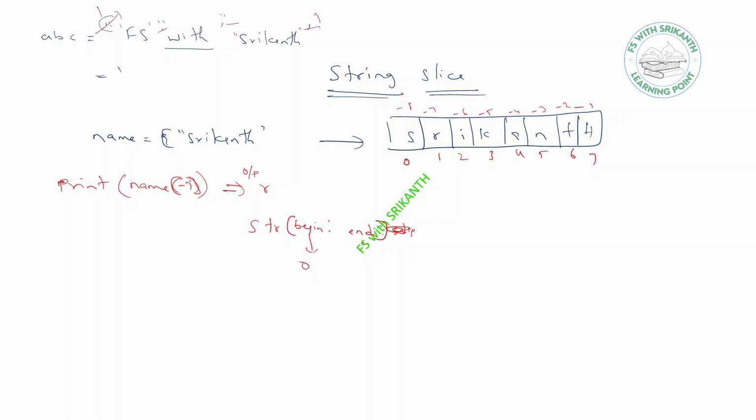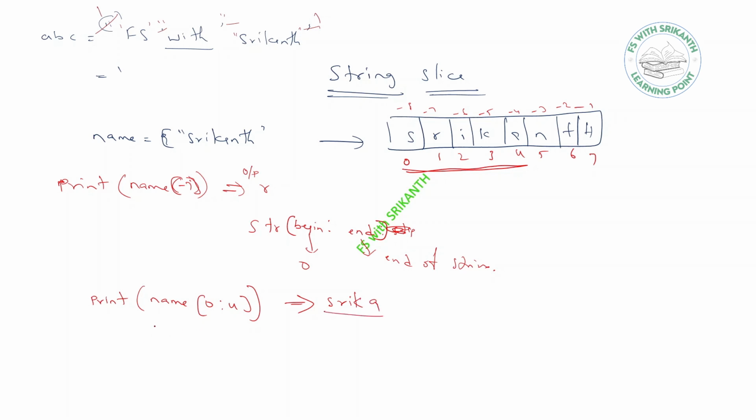End is based on your string, until the end of your string. Suppose I want to print from 0 to 4, this many characters. How can I print? Print name. The beginning character you take is 0, and how much do you want to print? 5. Then what is the output here? SRIKA.